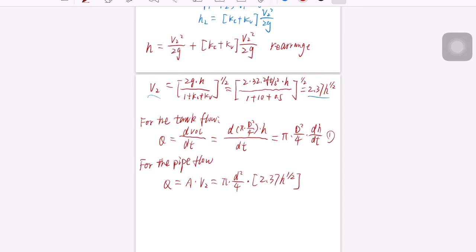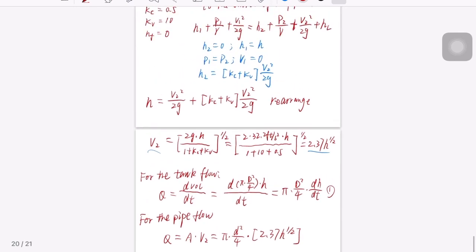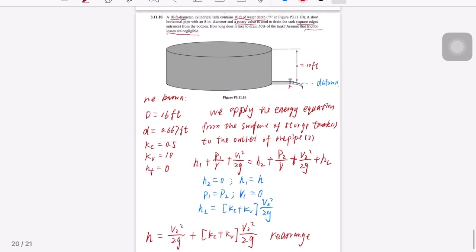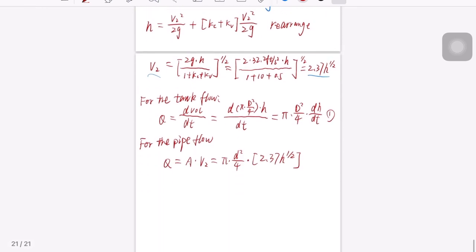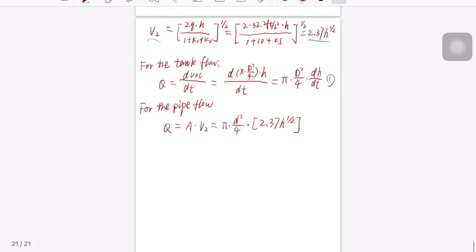So from the problem, we need to determine the time to drain 15% of the tank. So we know equation 1 equals equation 2.